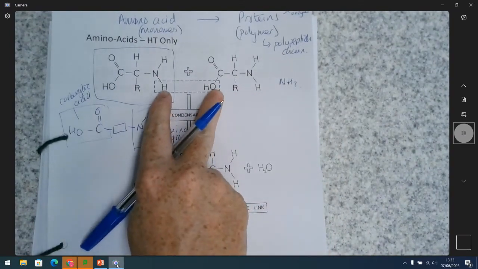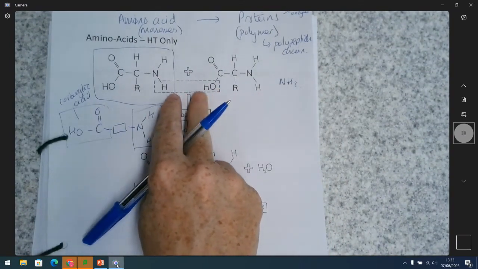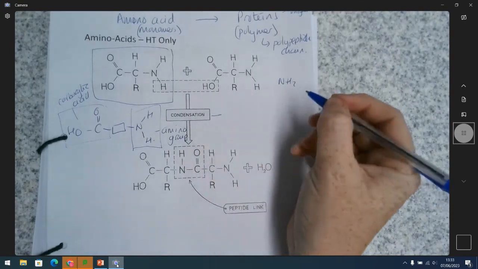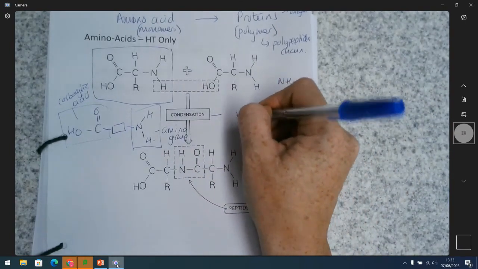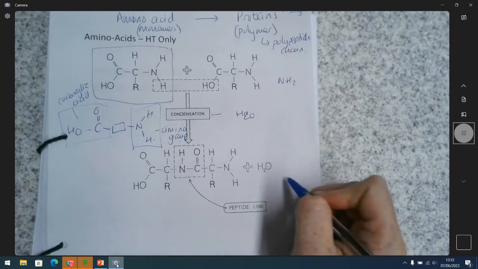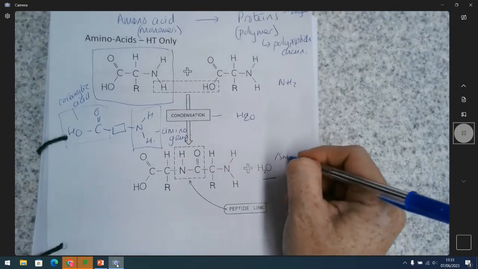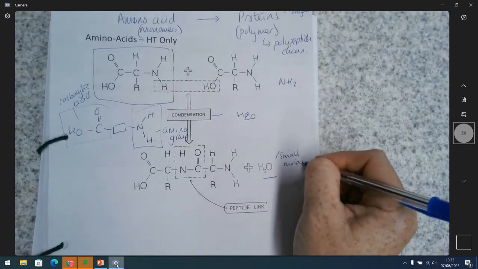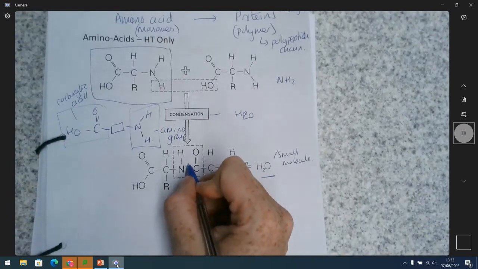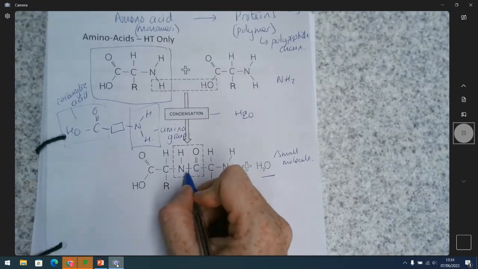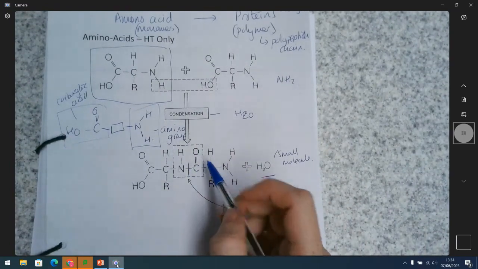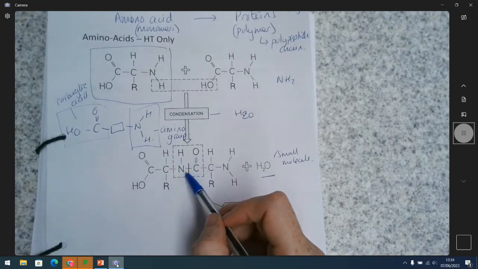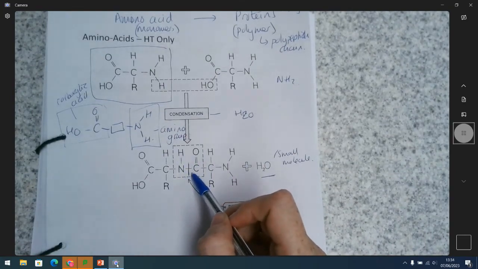And I'm hoping you can already work out that actually to do that, we require a condensation reaction. So I'm going to make water. And as a result of that, water is the small molecule produced. And I can see here that would be the peptide link. We call it the peptide bond. Okay, so that there would have been where the water molecule would have been.